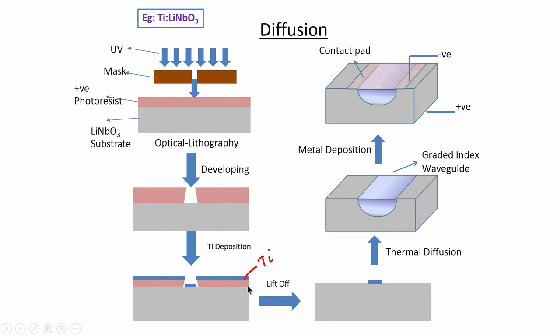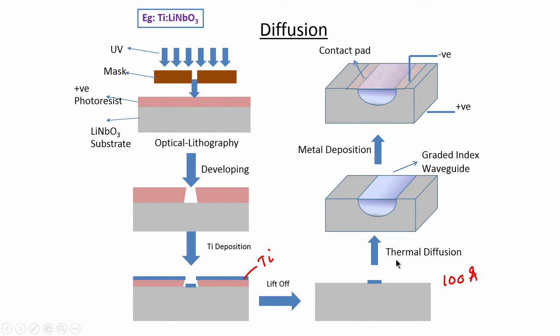After you etch out or lift off, the process is called lift off, the photoresist and unwanted titanium film can be removed, resulting in a small titanium film on the lithium niobate substrate. This is of the order of a few hundreds of angstroms.